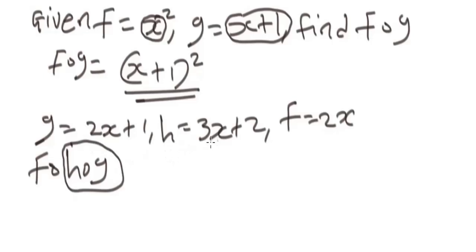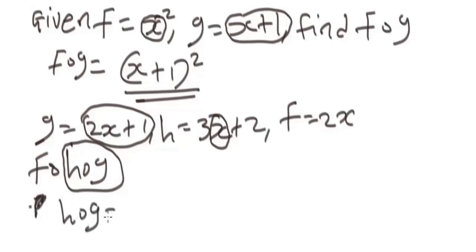To find h of g means you should take this value of g, which is 2x plus 1, and plug it in this x under h. So when you do it, your h of g will be, when you do the math, you're going to have 3 in bracket 2x plus 1 plus 2.